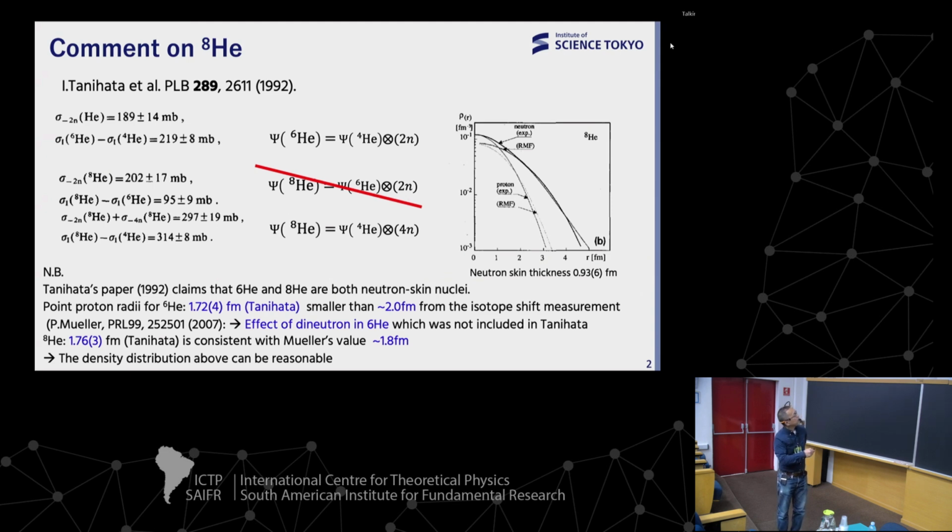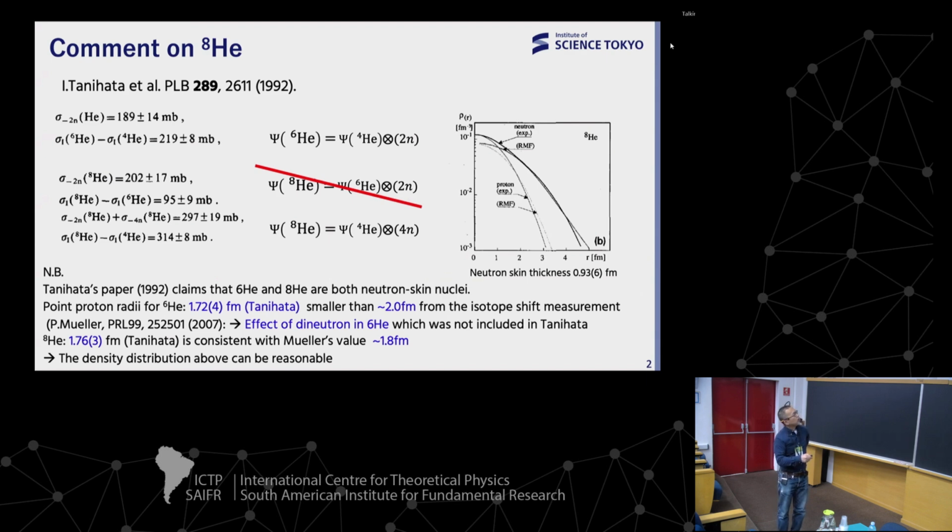But on the other hand, the 4 neutron removal cross-section plus the 2 neutron removal cross-section is 297 plus or minus 90 millibarn, which is equivalent to the difference between the helium-8 and helium-4 interaction cross-sections.